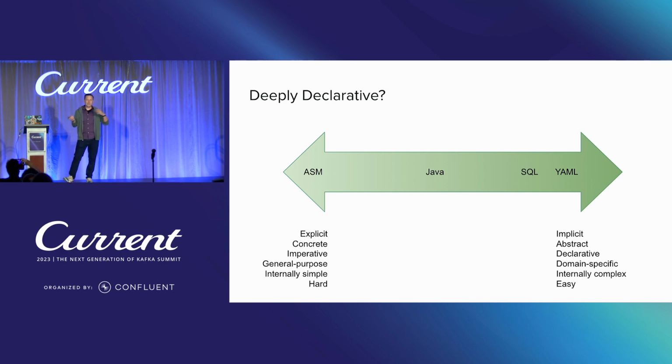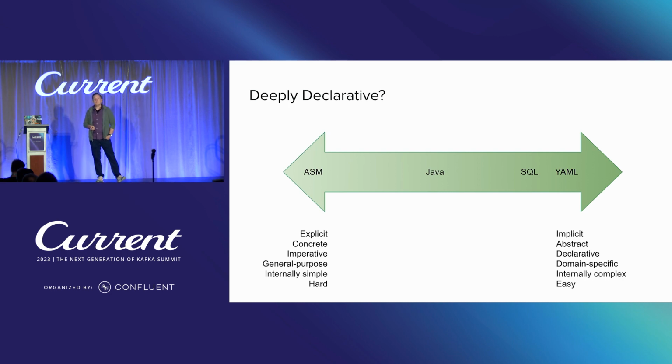So you might have assembly language. It's extremely explicit. You're telling the machine exactly what to do. It's concrete, it's imperative. You could say that assembly is general purpose. You can do everything with assembly theoretically. And it's internally simple. There's not much to assembly, but it's hard to use. That's one extreme.